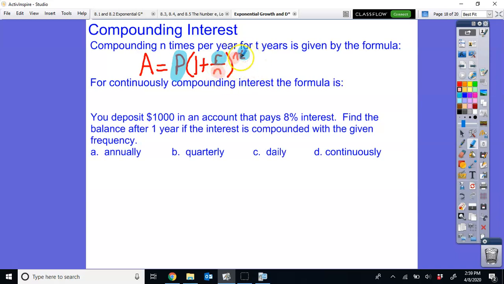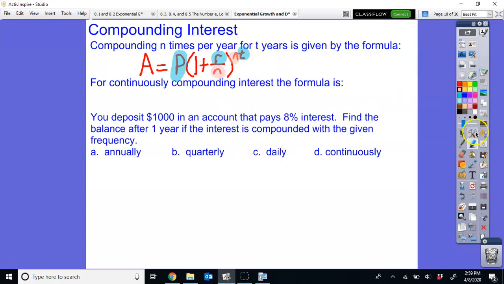Then they multiply the time by how many times you add the rate. So essentially this n is helping and sort of hurting you at the same time. They're taking that percentage rate, which is the APR, annual percentage rate, and dividing it up over the year, how many times you add it. But then they're also giving you multiple times a year. So that's why it multiplies by the time.